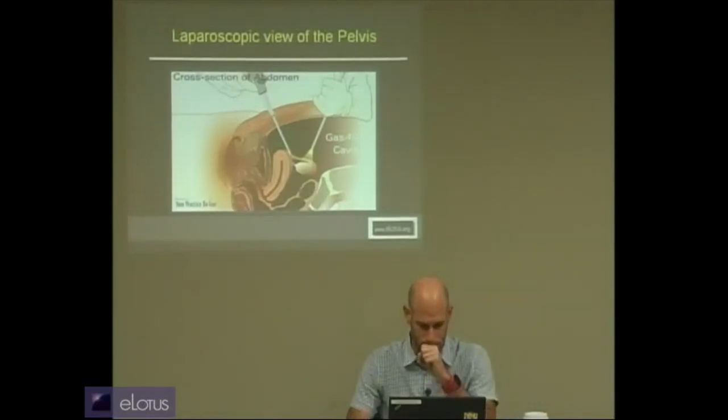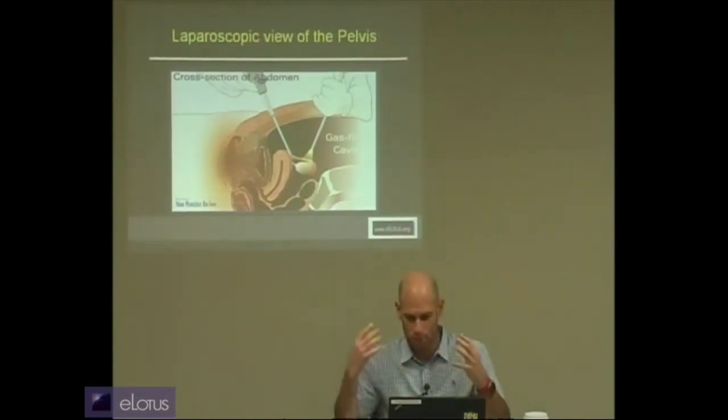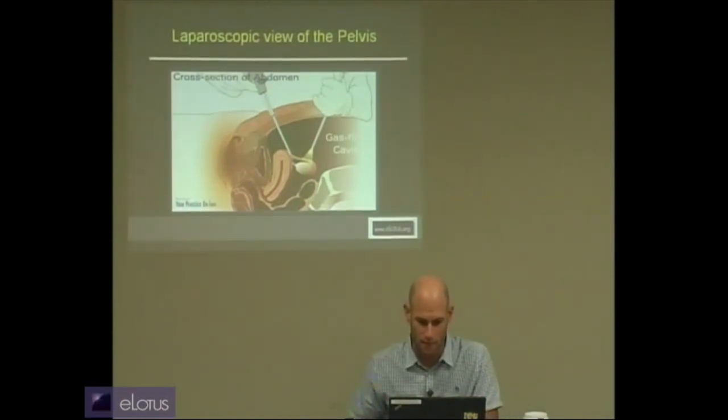So this is what a laparoscopic view of the pelvis looks like. And essentially, when we do a laparoscopy, just for context, there's a camera which goes down through the belly button, and that camera is your view of the body.